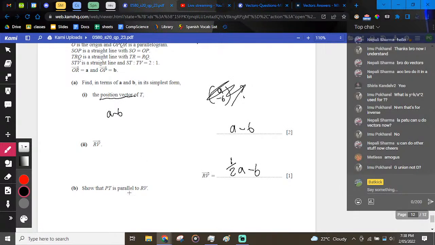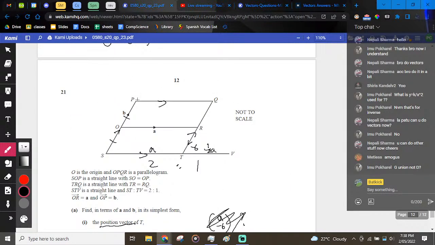Show that PT is parallel to RV. Where's V?